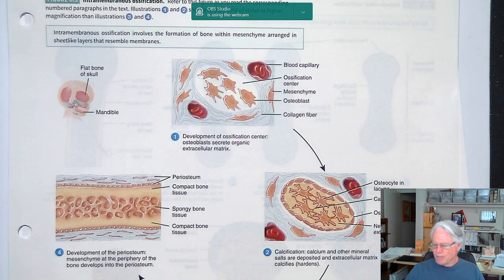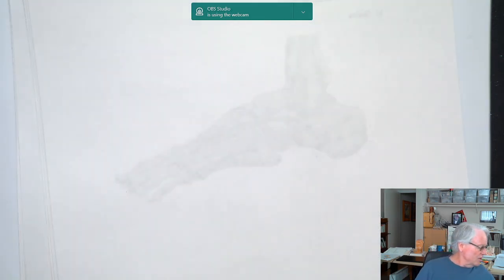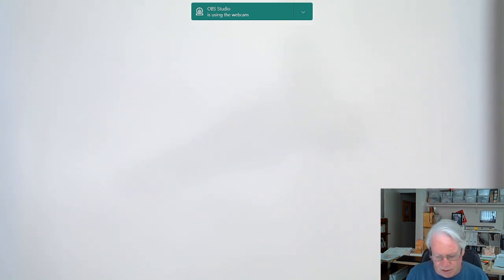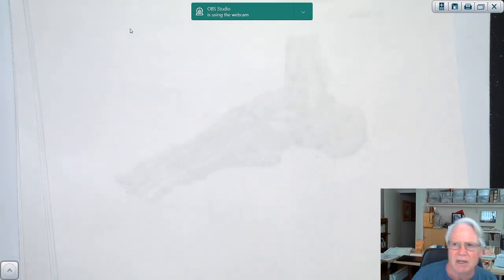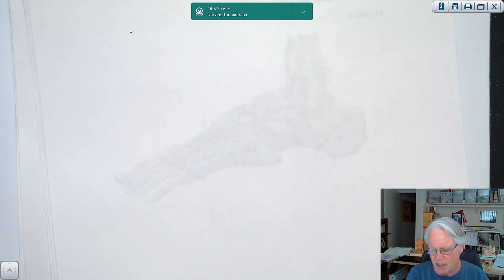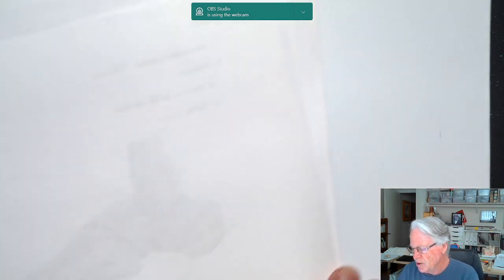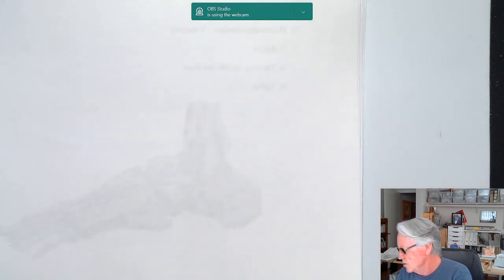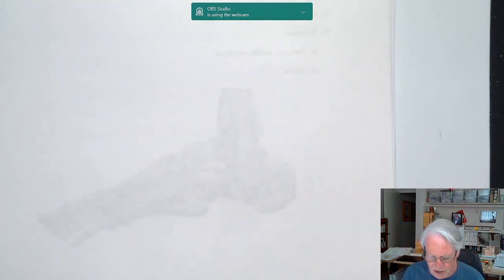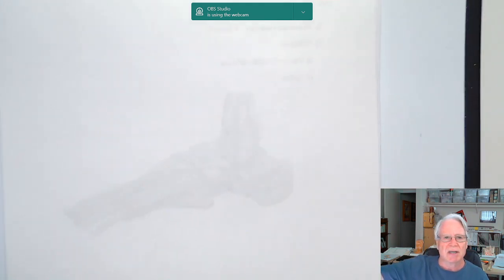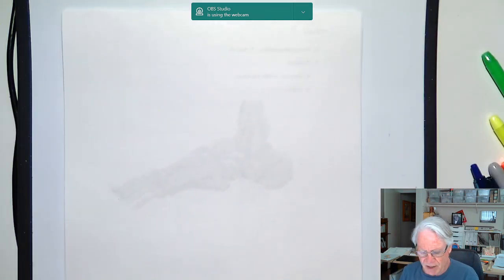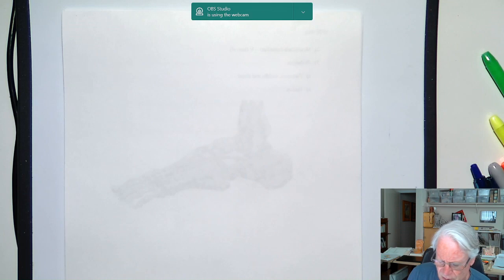The other possibility for building bone tissue is endochondral ossification, and that's what we're going to look at now. Again, we're going to take notes step by step and identify the major processes your body goes through to build bones in this way.